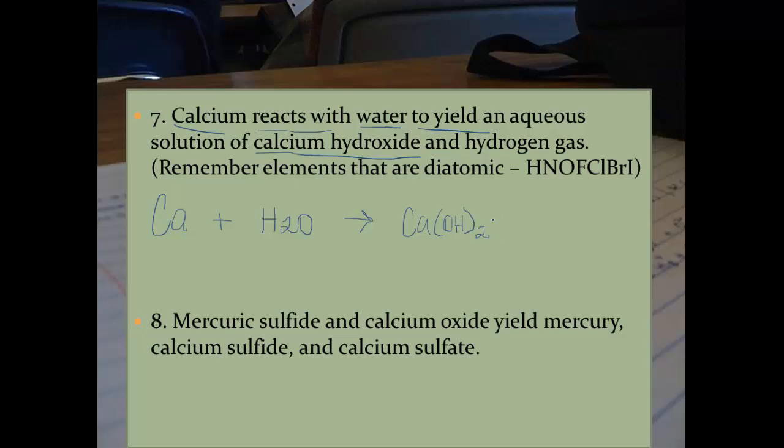Now it says it's an aqueous solution, so we can throw in that information and put the aq. You don't need to, but it's useful later on. And hydrogen gas, so that's plus H2, because H2 is one of our diatomic elements. Calcium was not, so I did not put Ca2. Calcium is just a plain element, Ca.